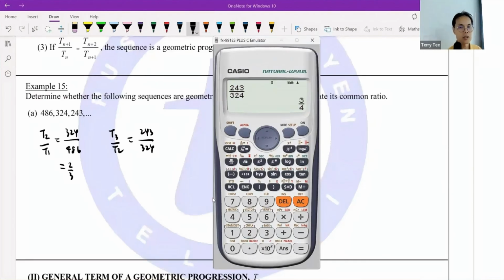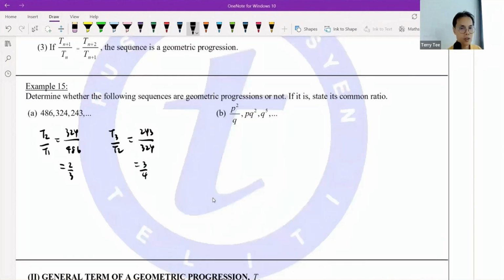What do you get? 3 over 4. So since T2 divided by T1 is not the same as T3 divided by T2, therefore this is not a geometric progression.